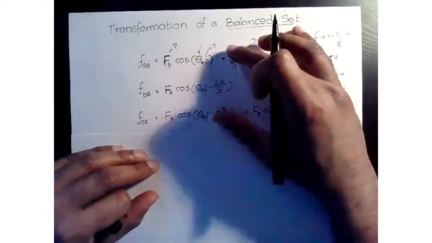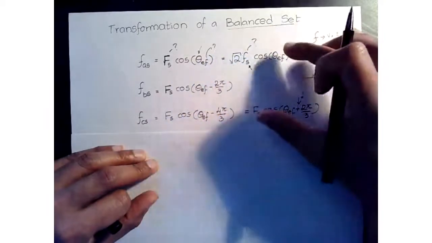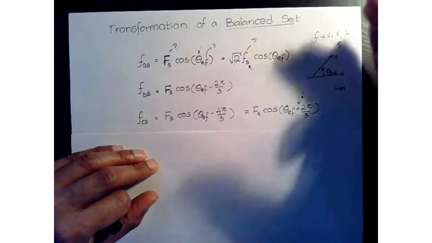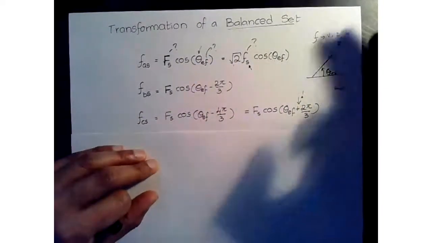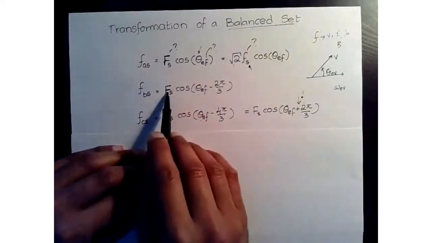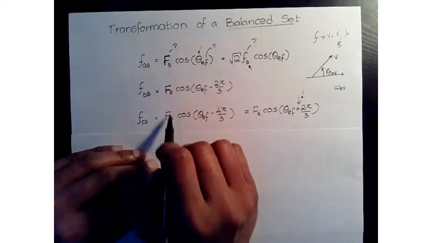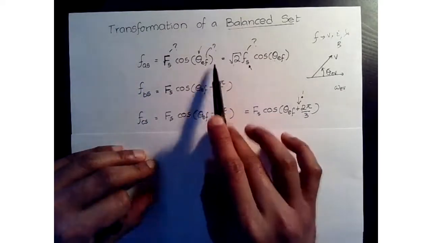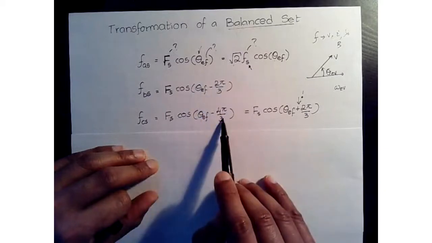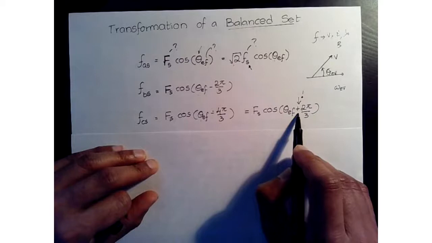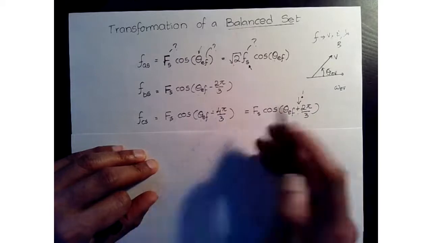Okay, so these are the signals coming in. Let's assume they are balanced, and we need to understand what balance means. Balance means all of them have the same amplitude, and all of them are 120 degrees out of phase, so plus 2 pi by 3 is equal to negative 4 pi by 3.